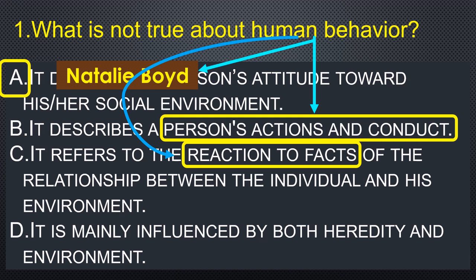Ano ang naging ugali mo? Ano ang naging pagkatao? Or ano ang naging actions mo? How you react on the deterioration of your physical environment will now become your human behavior, as well as how you react with your social environment.